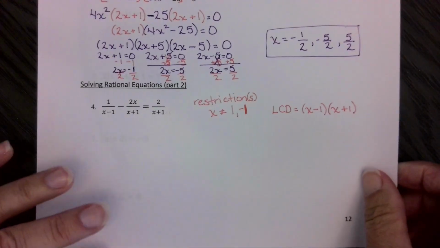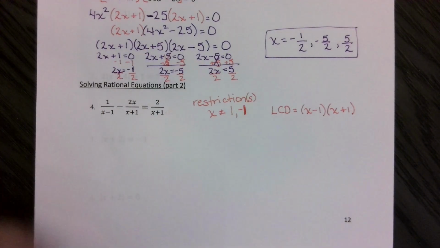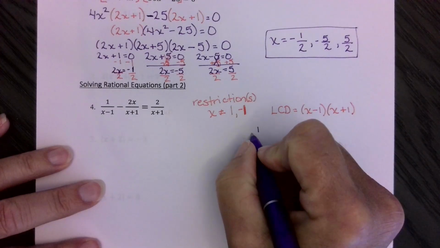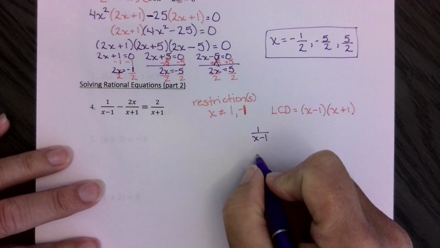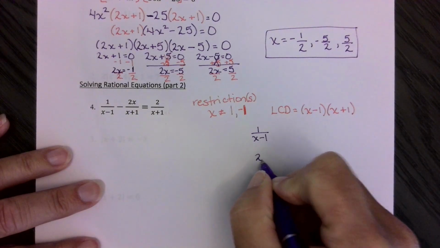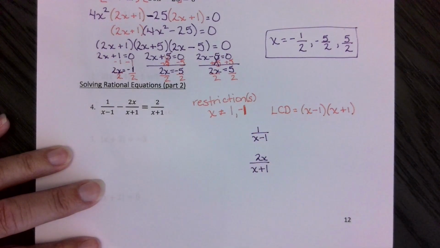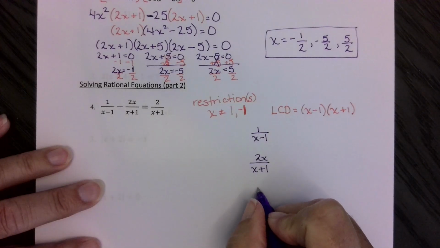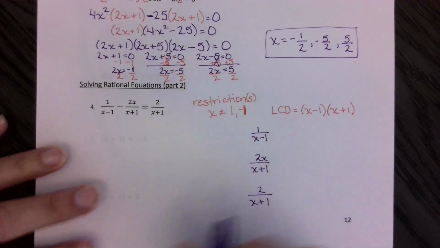So now, what I taught you guys to do is take these 3 things, write it over here, because this is where you're just going to do your work. 1 over x minus 1. I've got 2x over x plus 1. And then I'm going to list 2 over x plus 1.